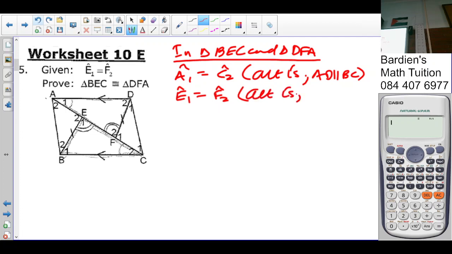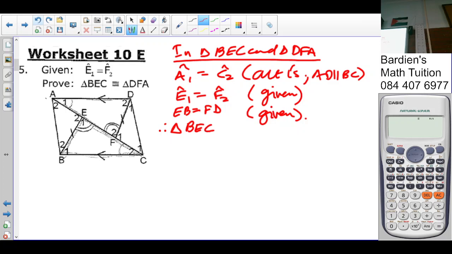Not alternate angles, the lines are not given parallel. It was given to us. And then we see that EB is equal to FD. Why? Given. Enough to conclude congruency, so therefore triangle BEC is congruent to triangle DFA. Why? Angle side angle.